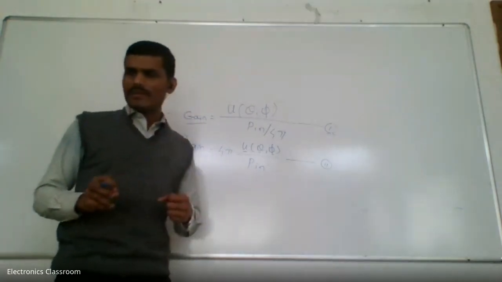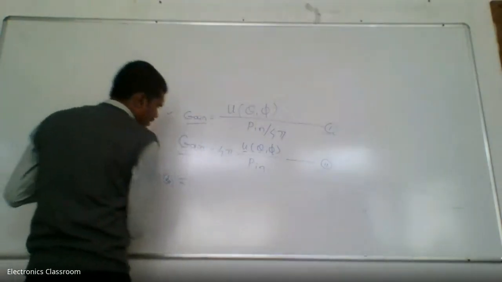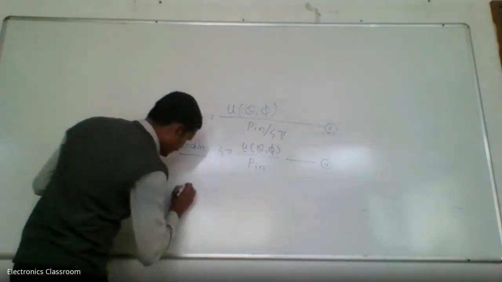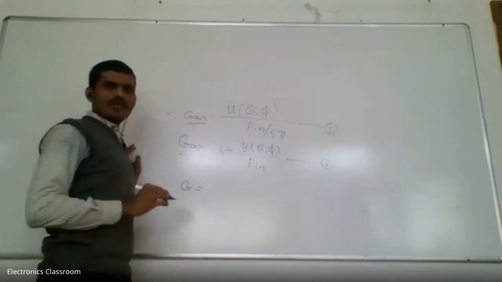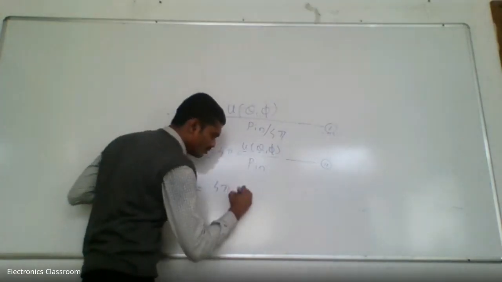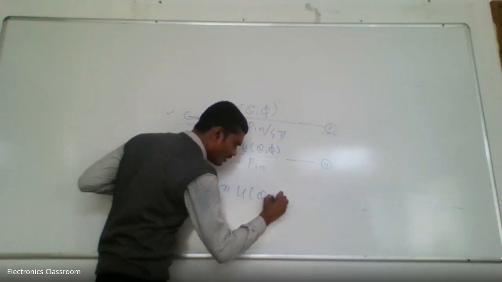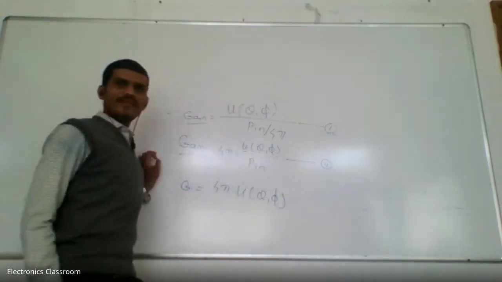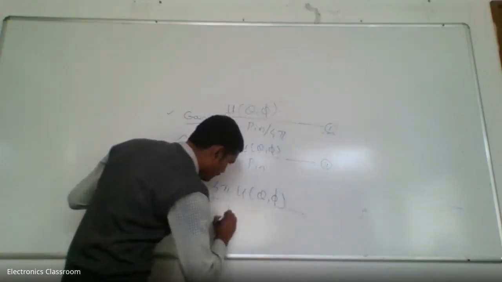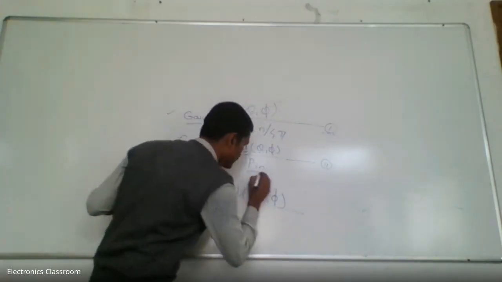Now at that time, the relative gain can be calculated by using the equation G is equal to 4 pi into U(theta, phi) divided by P in.